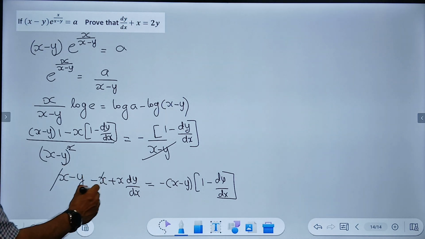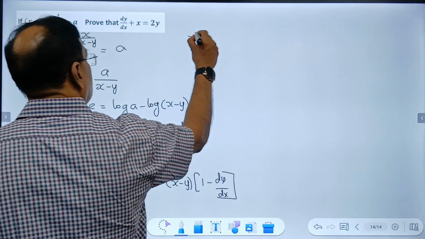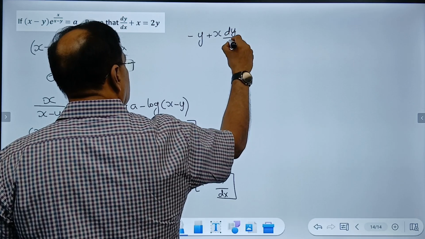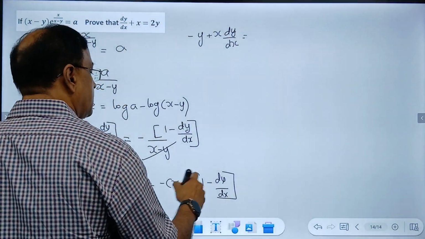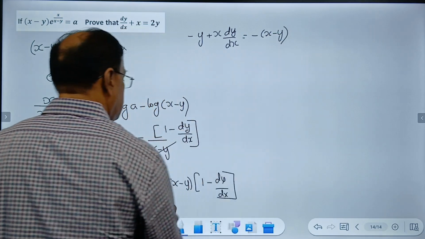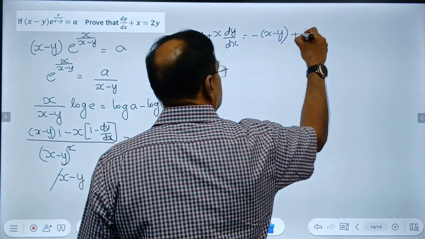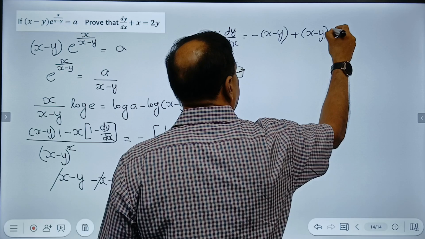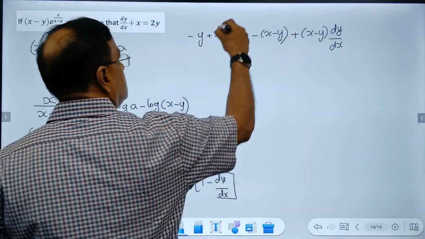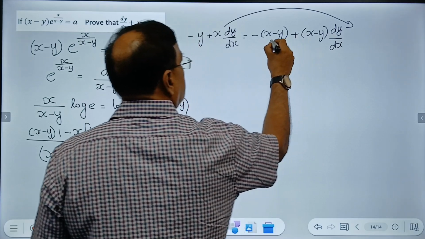Now they get cancelled. So you get minus y plus x into dy by dx equal to, open the bracket, you get minus of x minus y, minus into minus is plus, plus x minus y into dy by dx. Now you can take this to this side and take this term to the other side.